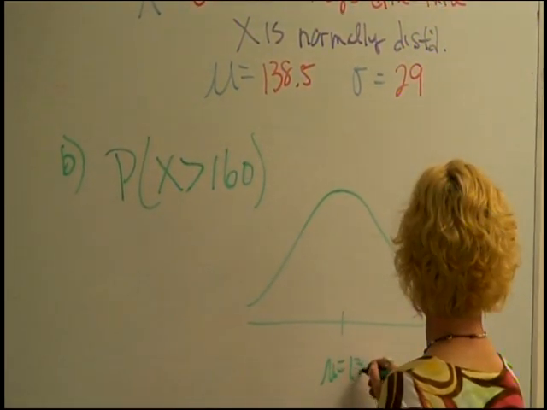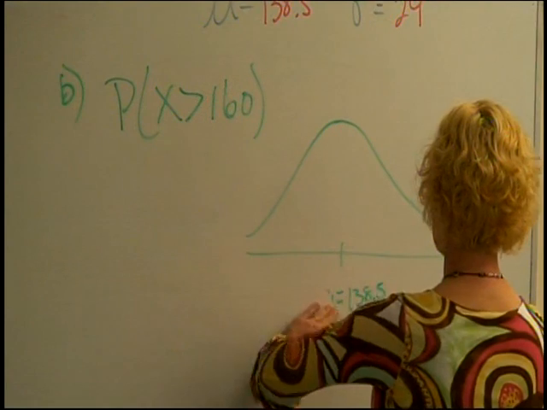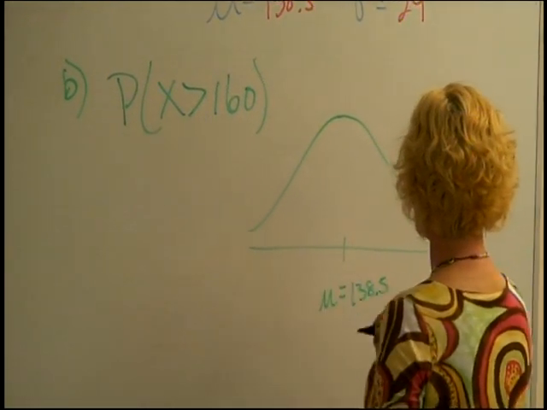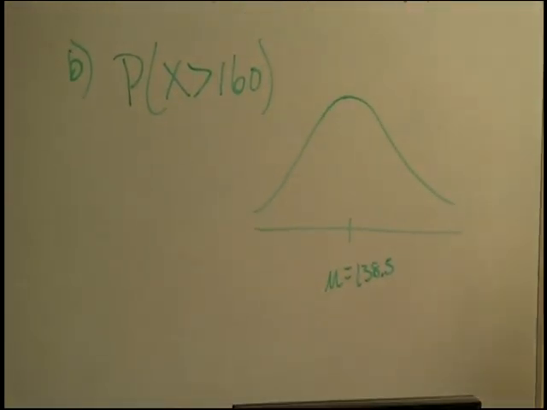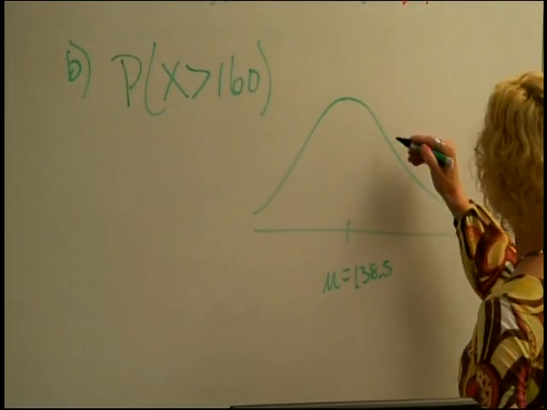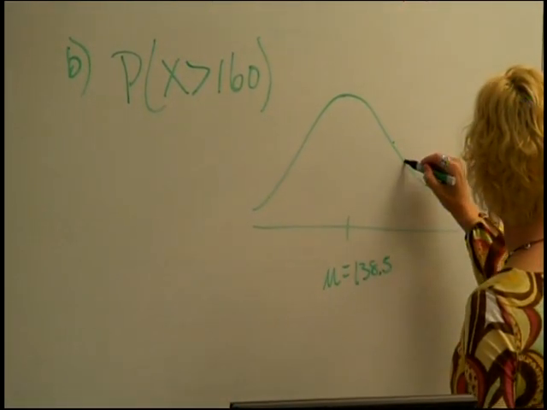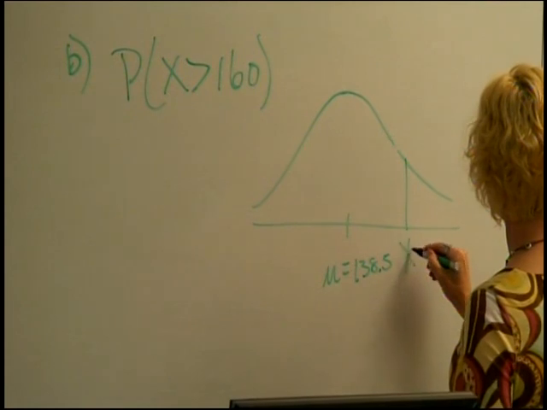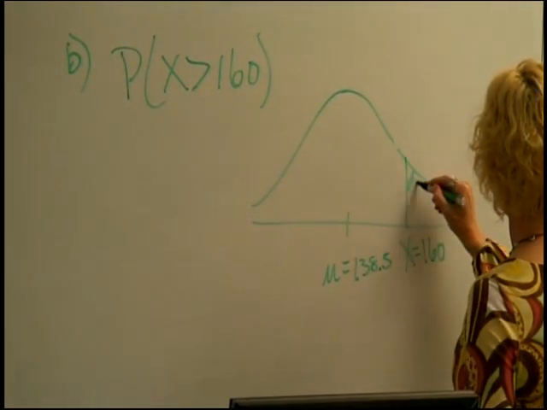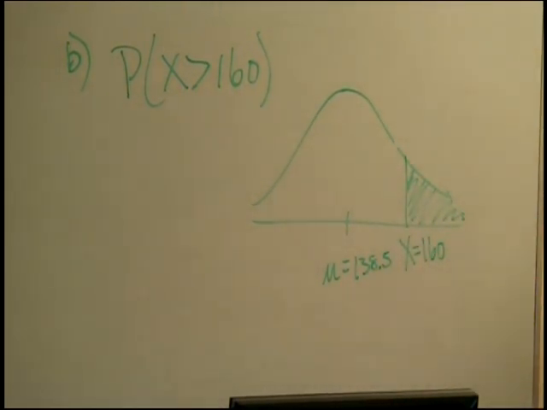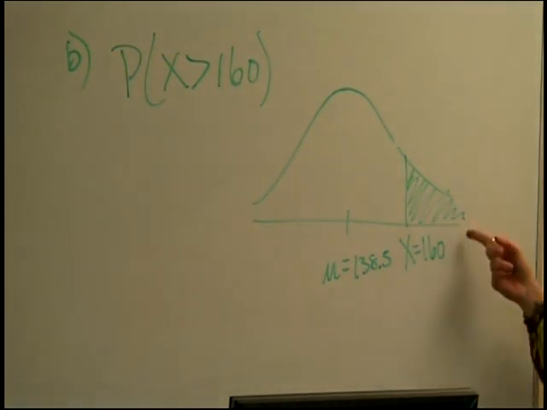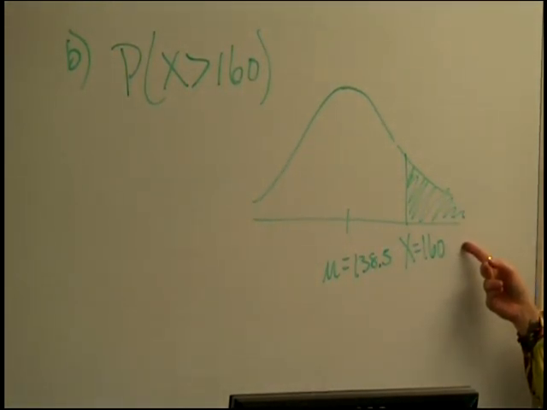Mean of 138.5. Boy, I can't draw a mu today. Okay, 160 is on the upper end, down here somewhere. And we want the probability out in that extreme value. So the calculator, we're going to need to create an upper bound.